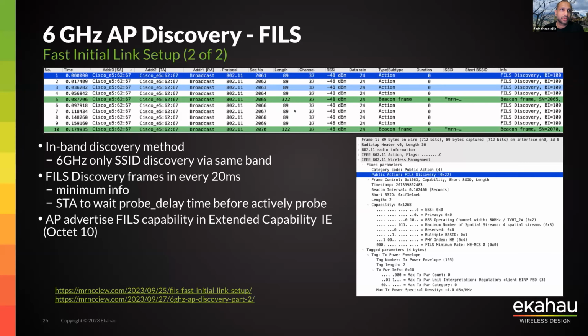Those frames are small in size, 89 bytes in my example, but if you aggregate them all together, it's almost like one beacon frame within that interval. So there is a little bit of overhead, but you can use this feature to let clients discover SSIDs. This is the second method. PSC and FILS discovery is the second method introduced.